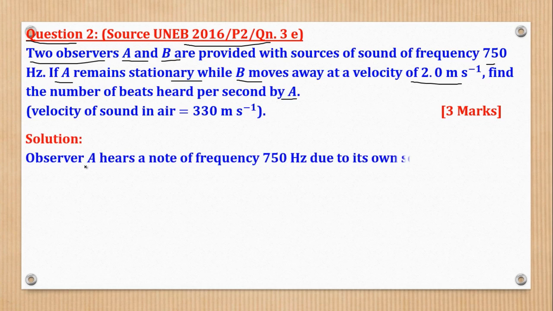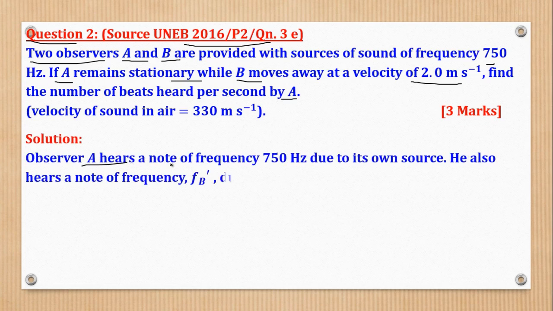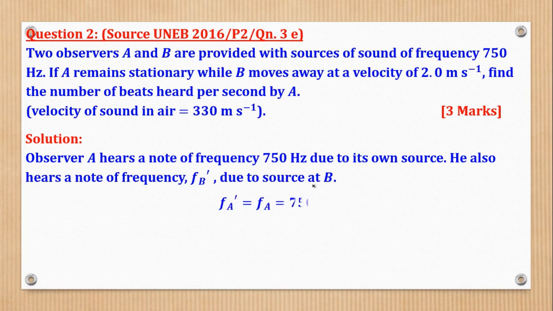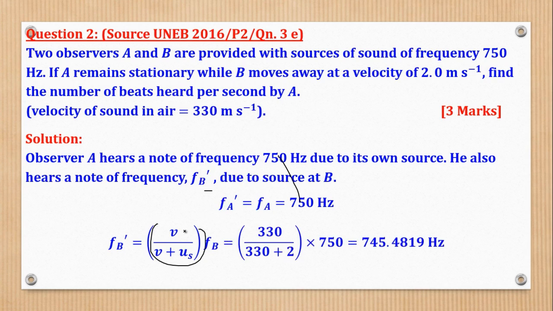So what you should realize is that observer A has two notes. One is of frequency 750 due to its own source, and he also has another one of frequency FB prime due to source B. So the one due to his own source is still 750, but the one due to source B, we shall get using this formula, because it is reducing, because observer B is moving away from A. It implies that FB prime reduces.